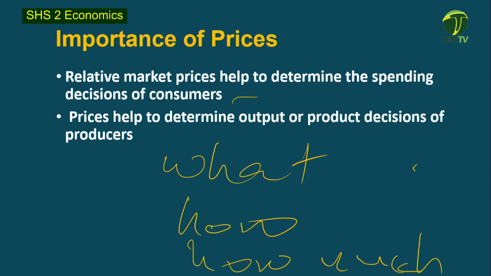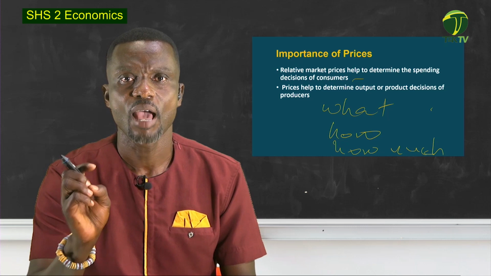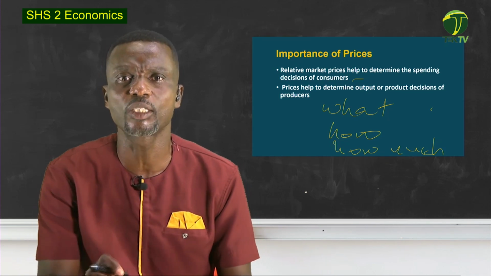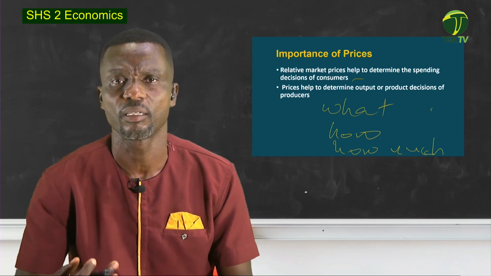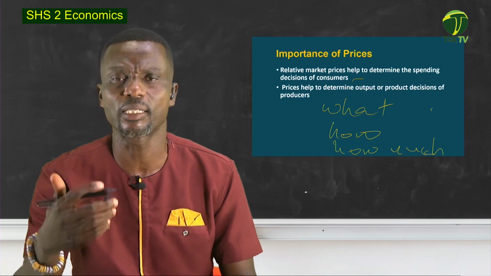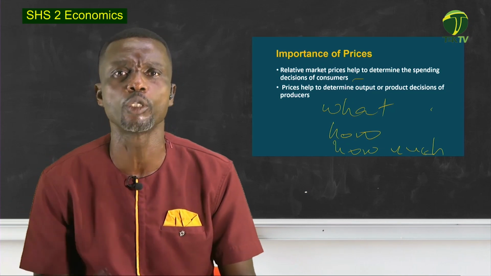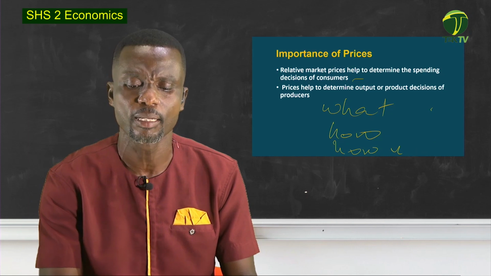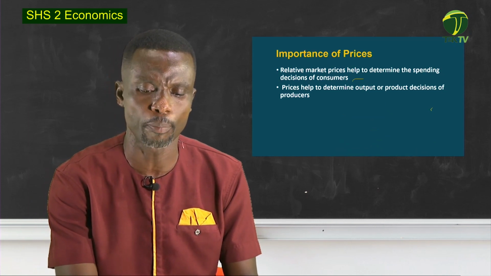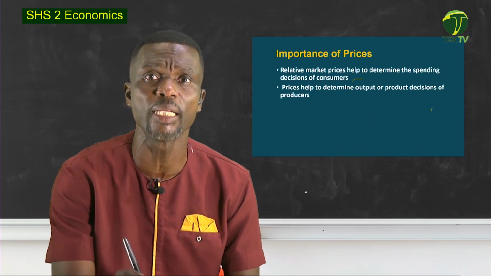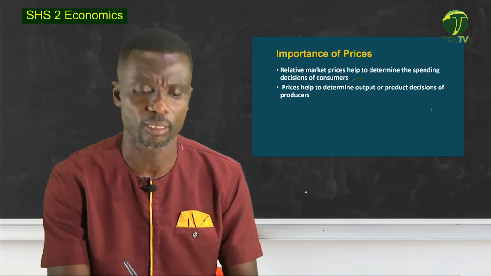So every producer will look at what commodity he is going to produce based on price. How here talks about the technology. How are you going to do it, based on price. How much quantity of goods you intend to produce are all factored in. So prices help the producer to determine product decisions.